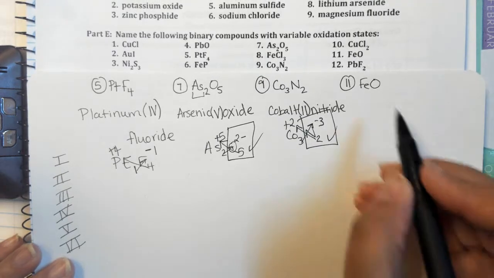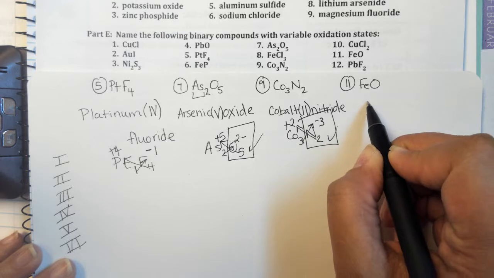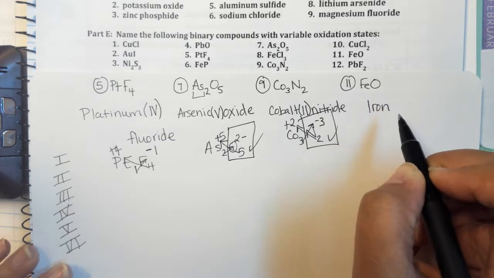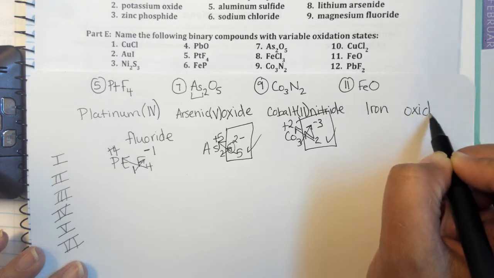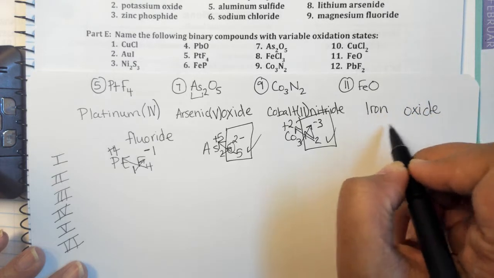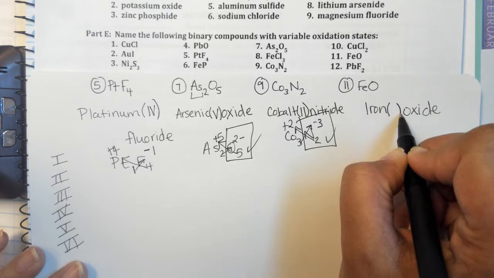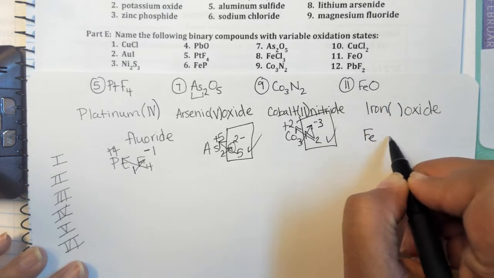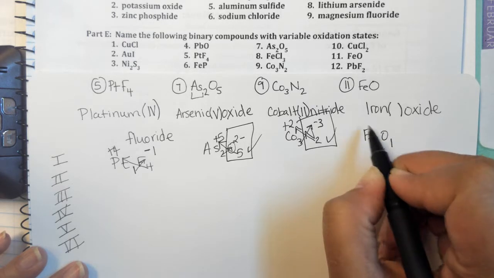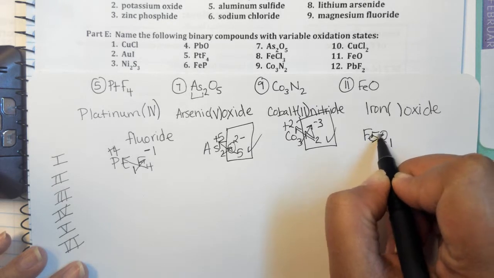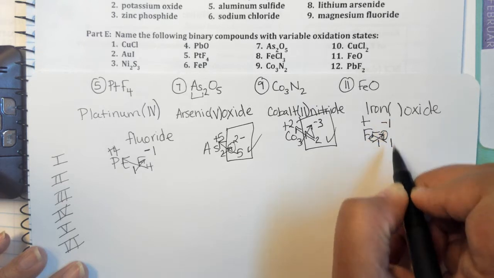Alright, and then lastly, FeO. What is my cation? Iron. What is my anion? Oxygen. So it becomes oxide. And then does it need a Roman numeral? Yes, iron is a transition metal. So I'm going to work backwards. FeO, they don't have subscripts, so that means it's 1 and 1. So that means when I reverse the swap and drop, it's going to be a +1 for iron, a -1 for oxygen.